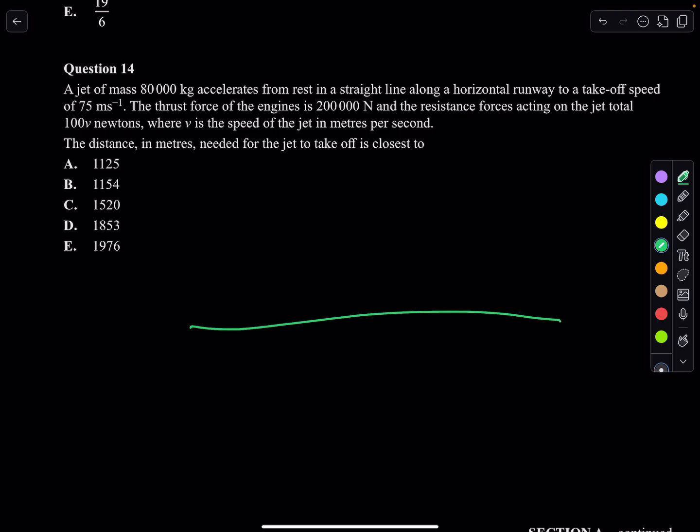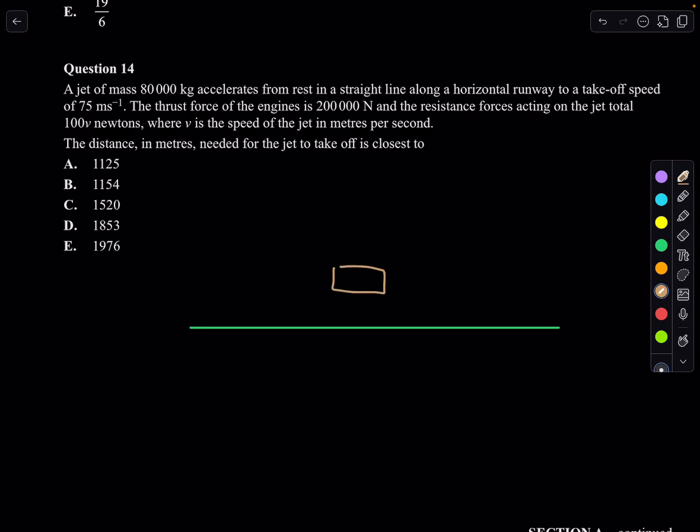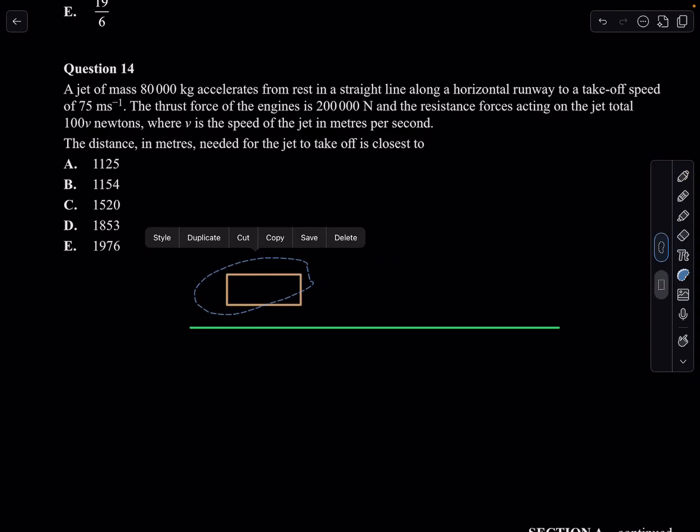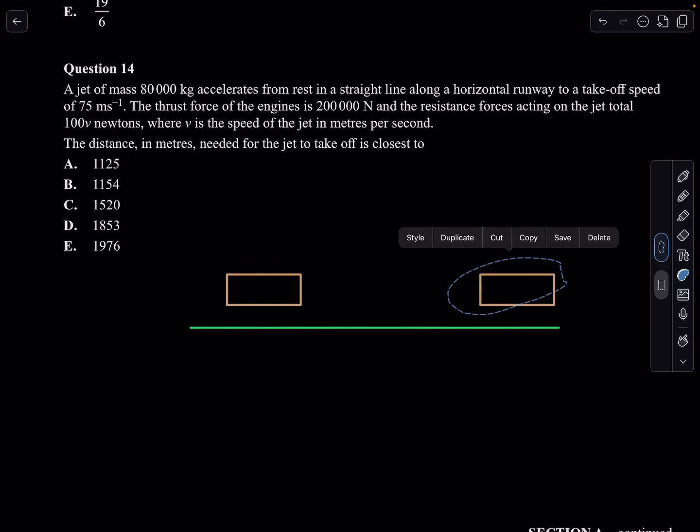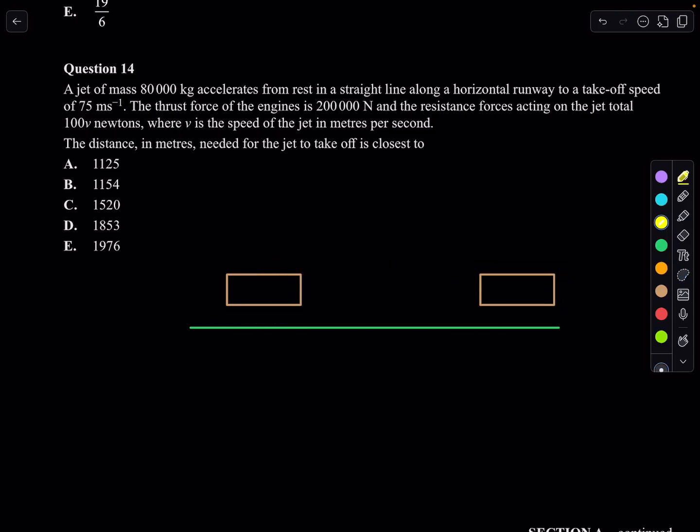So let's draw a diagram. Imagine this is your horizontal ground, and say this is your jet. Let's draw a block here. This is your jet at the start, and let's duplicate it over here, where it's at its end when it's going to take off. It starts from rest, so the initial velocity is 0, and the takeoff speed is 75, so that's your final velocity.